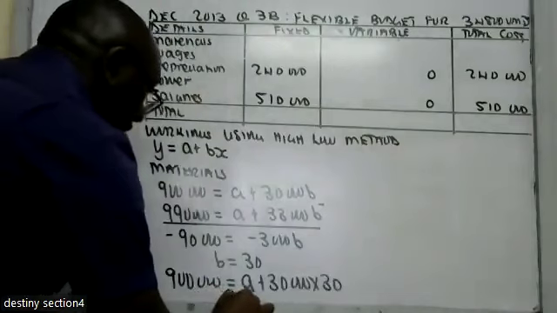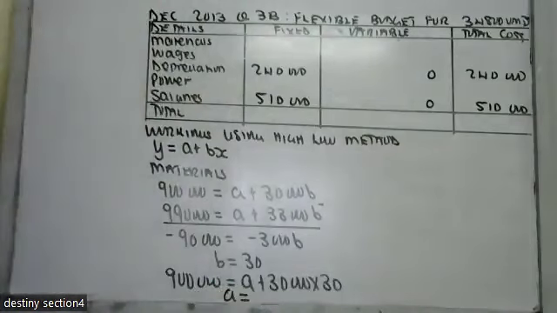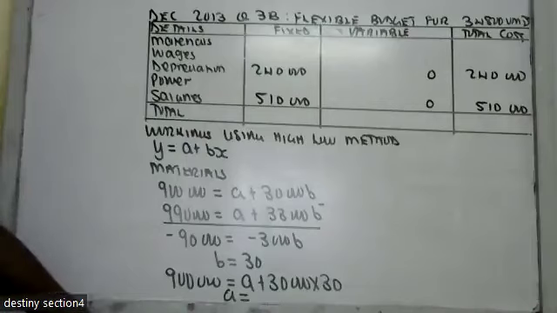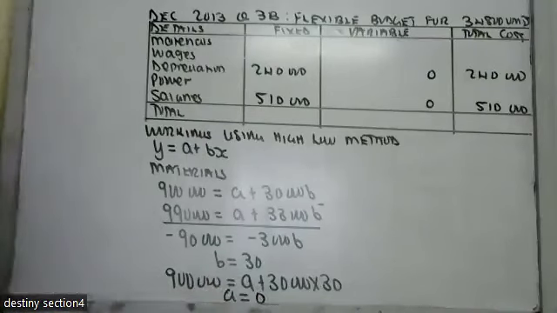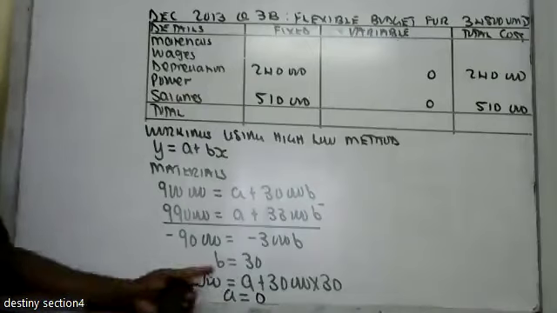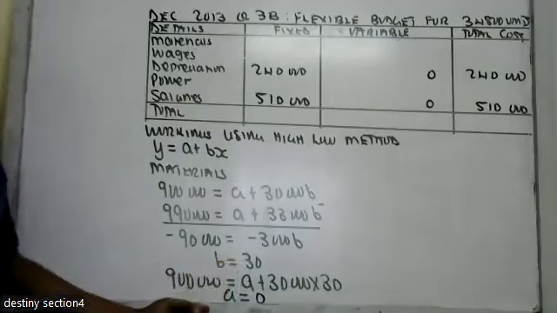So tell me a. Zero. Sasa because we know what they represent, hii tunajua ni variable cost per unit na hii ni fixed.